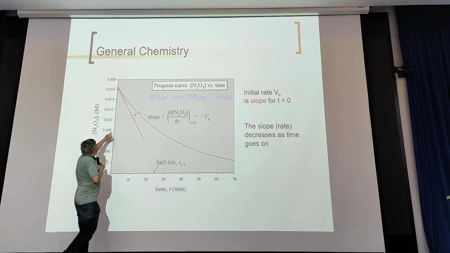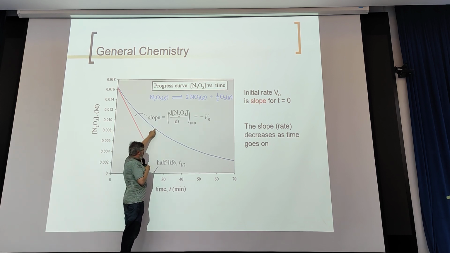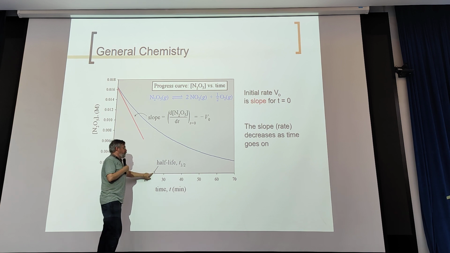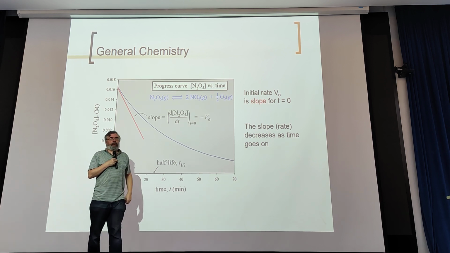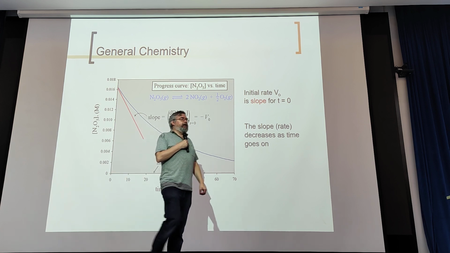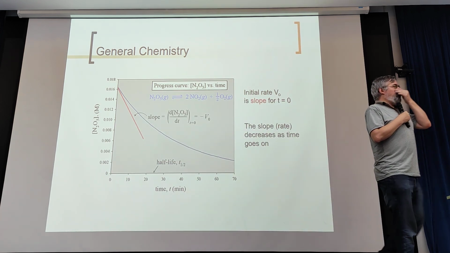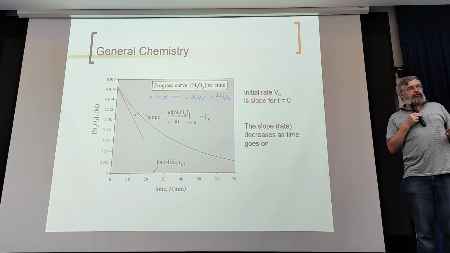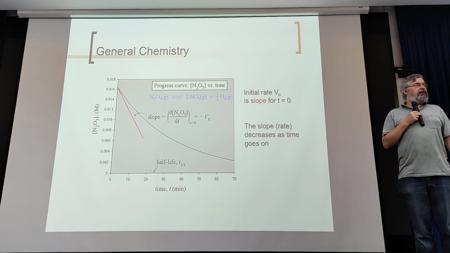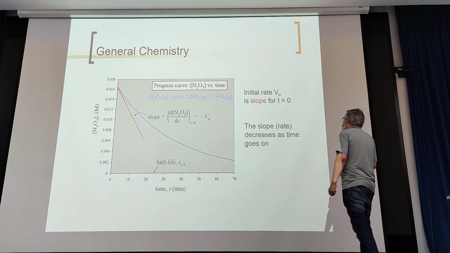When we reach here, which is the half, we are here on the graph, and if you go down, that's the time, that's the half-time. It says something about the reaction. Sometimes the half-time is constant, sometimes not, and we will see in which case that is.